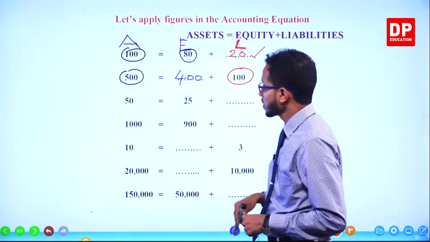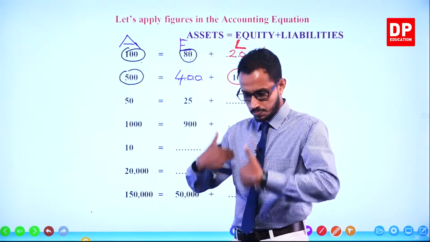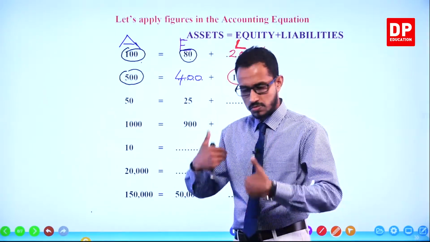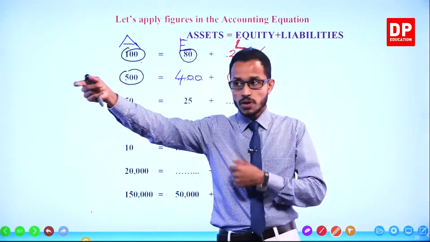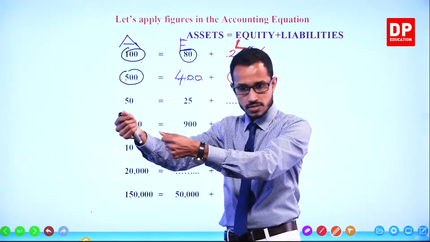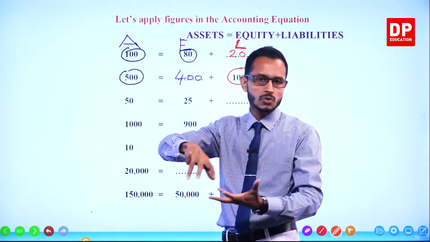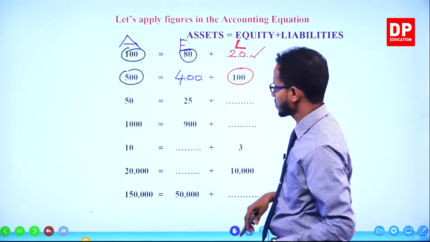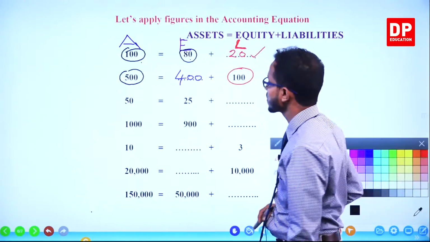Likewise, only equity, the owner's investment, the resources invested by the owner, and the resources borrowed from external parties, only these two form the total assets. Okay? Right.